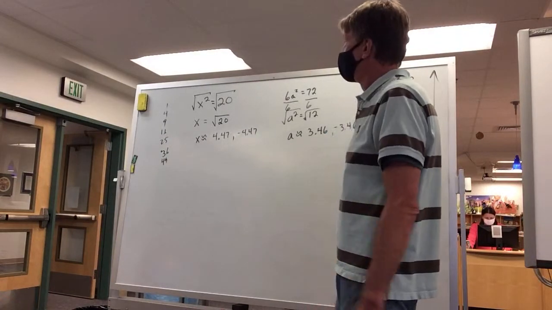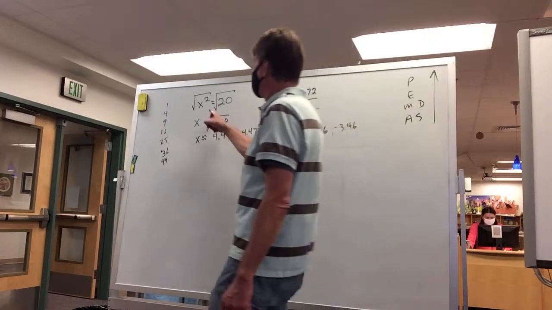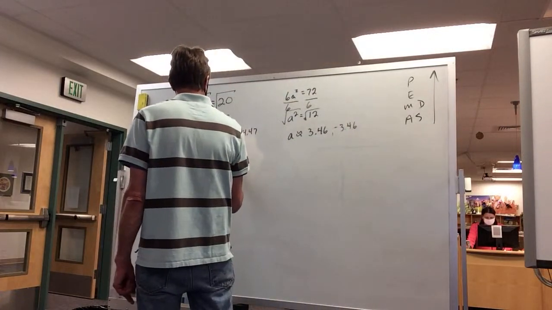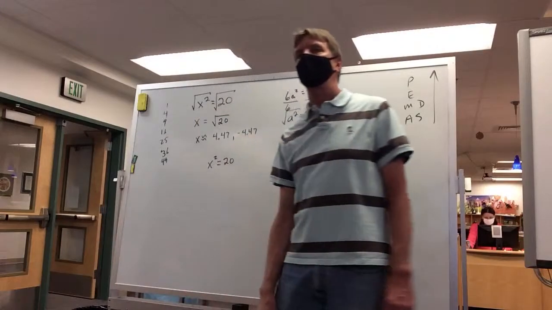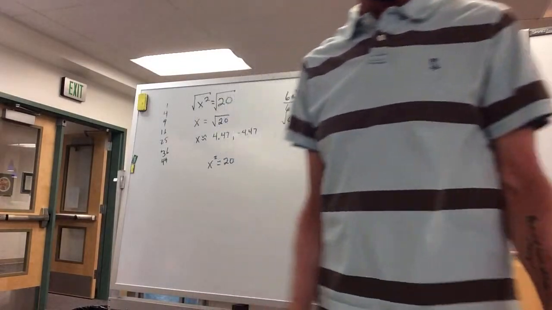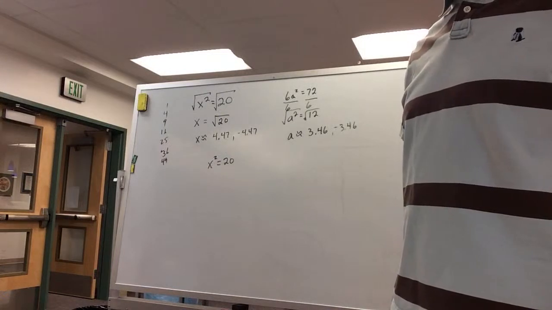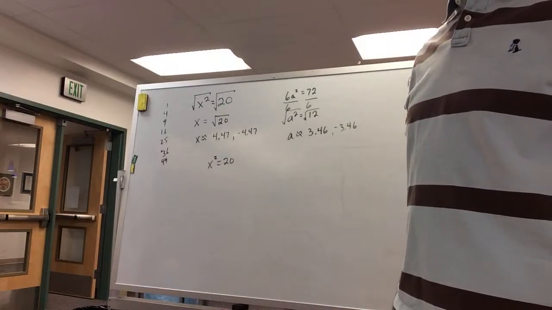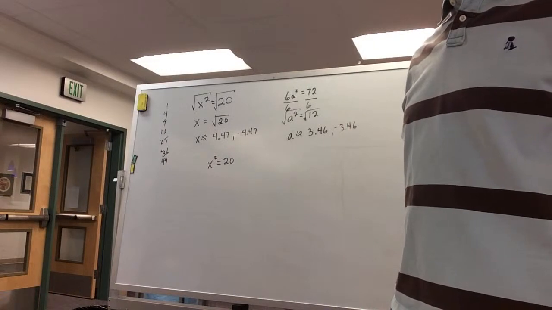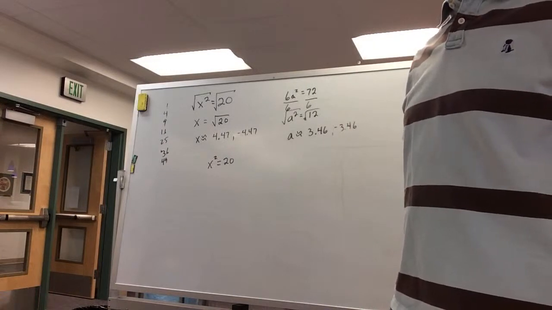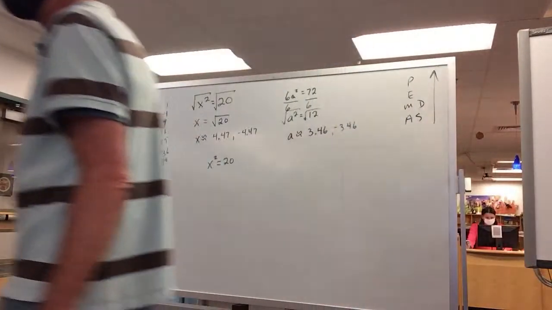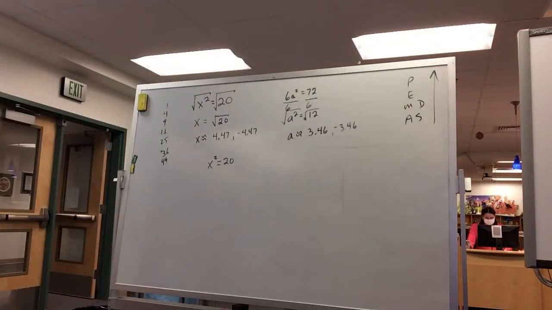You have your calculator? Graph this one. X squared is equal to 20. So how would you graph it? What are you guys punching on buttons? What are you doing? So you're doing y equals x squared? Oh, okay. So you get y equals x squared.